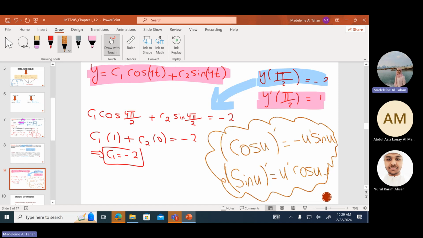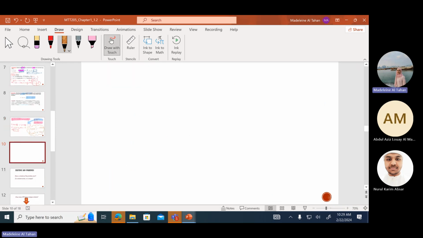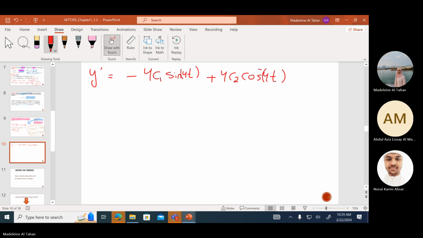Find the derivative now. So y prime is equal to negative 4 C1 sine 4x, we keep this, right? Plus 4 C2 cosine 4x, you mean, right? Okay. Y prime of pi over 2 is given as what?